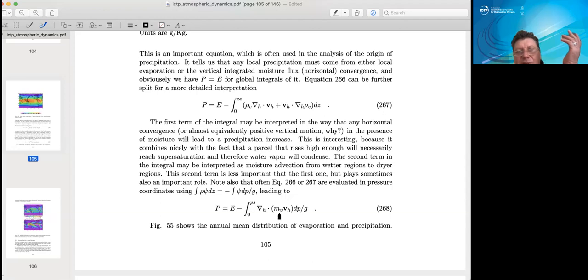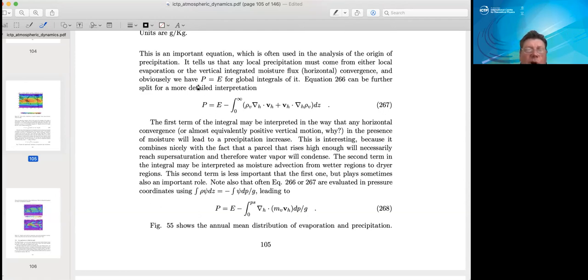And you know this, of course, that if we integrate this term over the whole globe, that goes completely away because it's a convergence, and we have periodic boundary conditions for the whole globe.